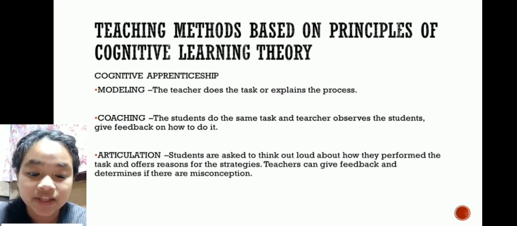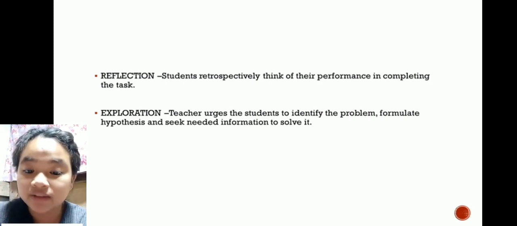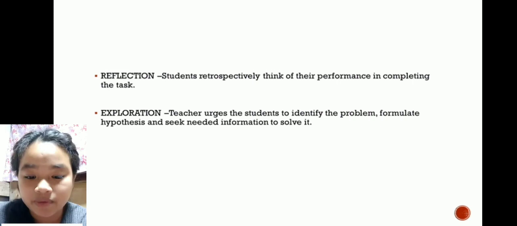Teachers can give feedback and determine if there are misconceptions. Reflection. Students retrospectively think of their performance in completing the task. Exploration. Teachers urge the students to identify the problem, formulate hypotheses, and seek needed information to solve it.